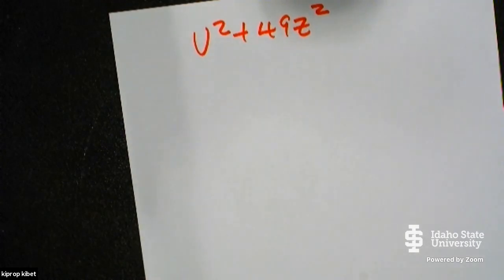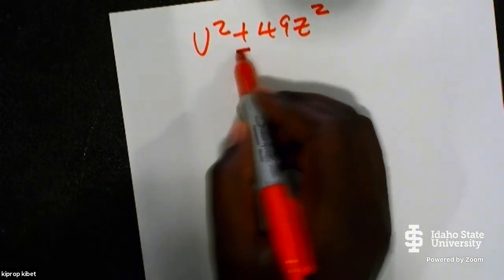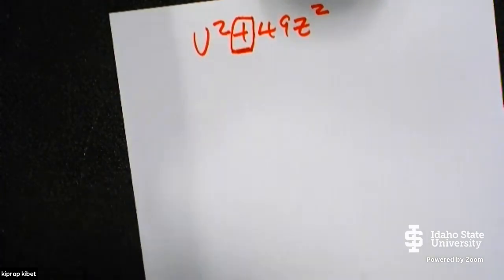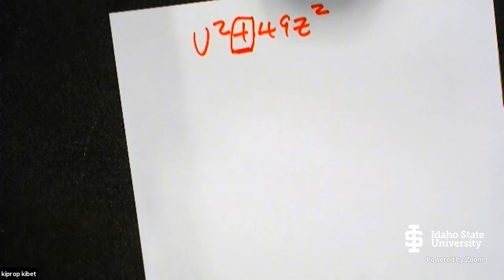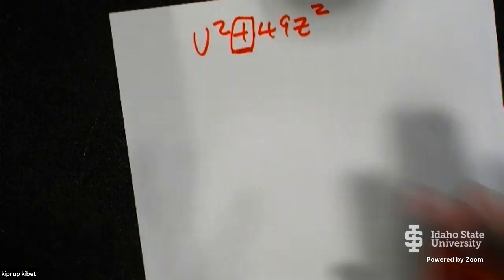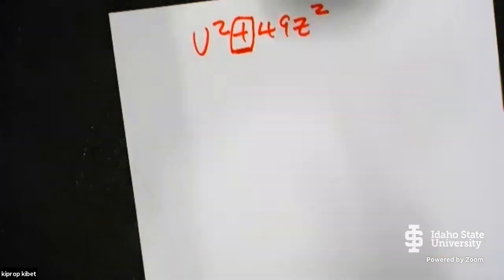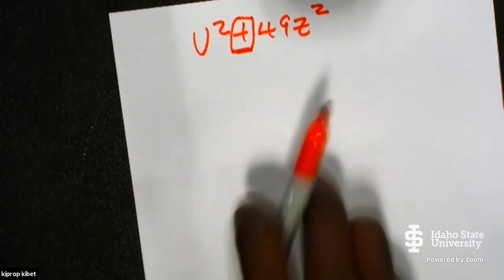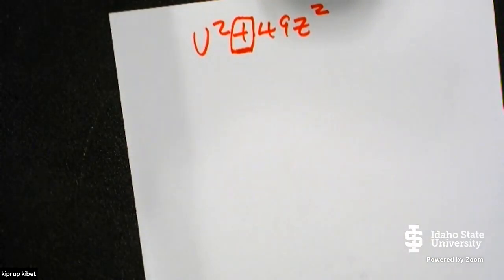That is not a difference of squares because of the plus sign there. So the solution will remain like this. You cannot factor that. So you cannot factorize this one.